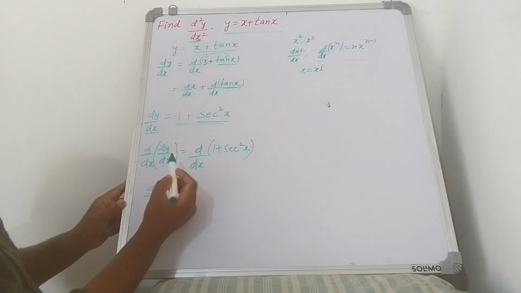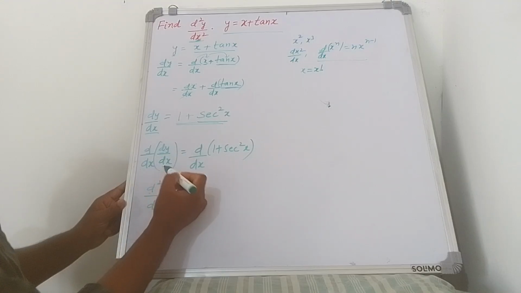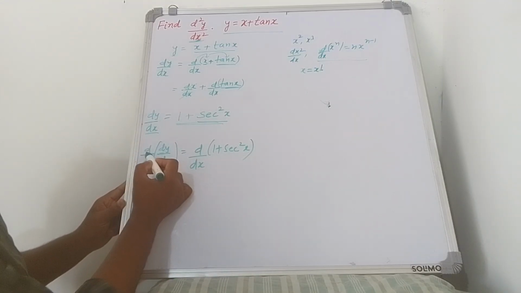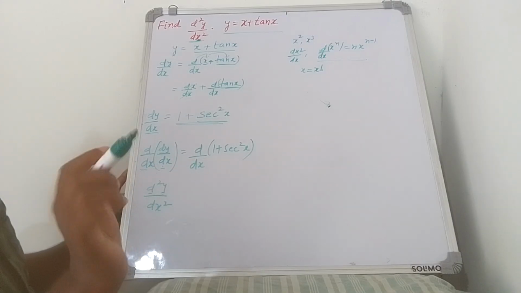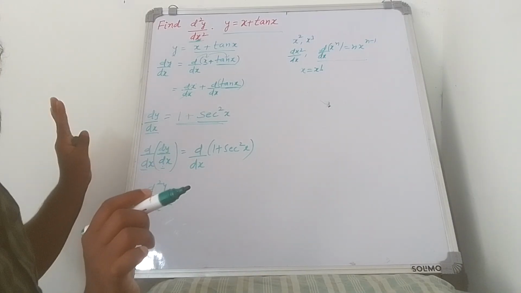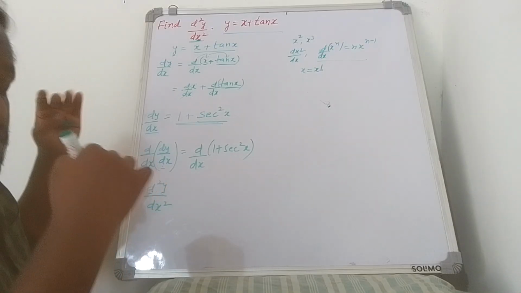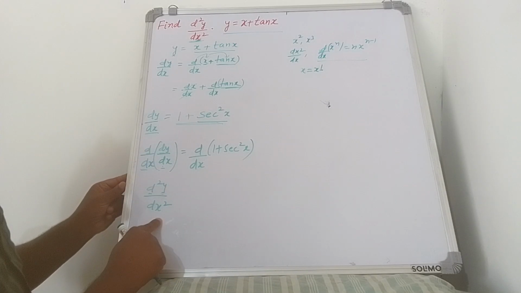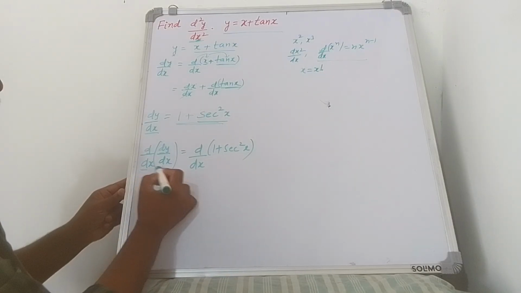In this case, d by dx of dy by dx is this d square y by dx square. Don't confuse: here d d, so d square, no, that's not right. This is differentiation. So don't confuse with d and d.